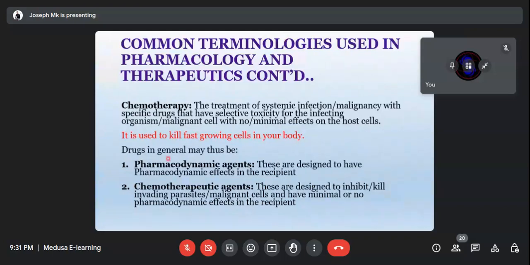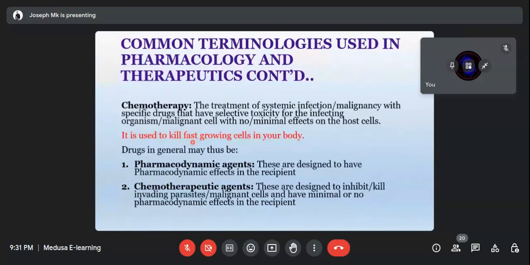It is used to kill fast growing cells in your body. Let's say your cell has been affected, then it's growing as fast as possible. To kill those bacteria that are affecting those same cells, you need to go for a faster route. Instead of using just normal drugs, it's better to use chemotherapy to kill those fast growing cells.